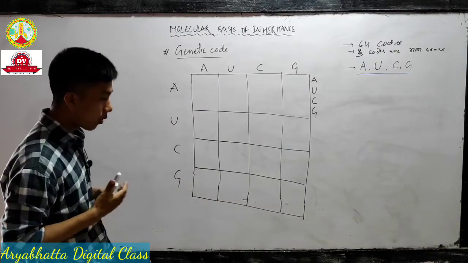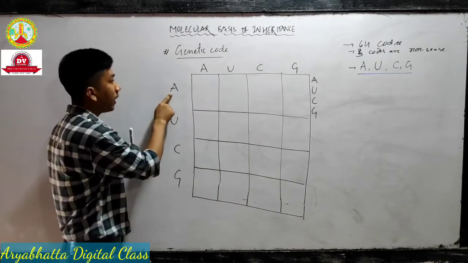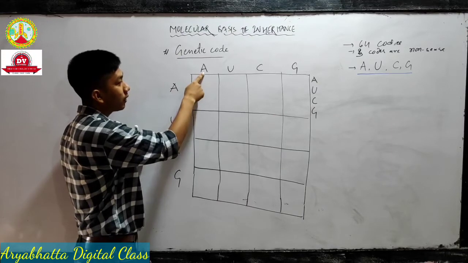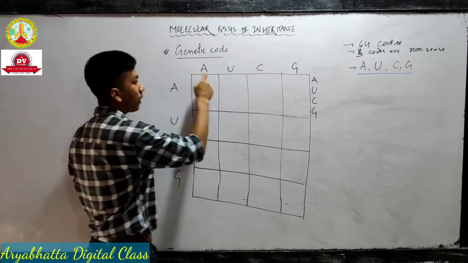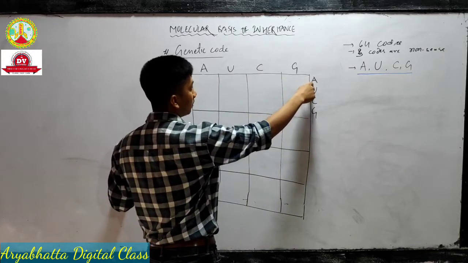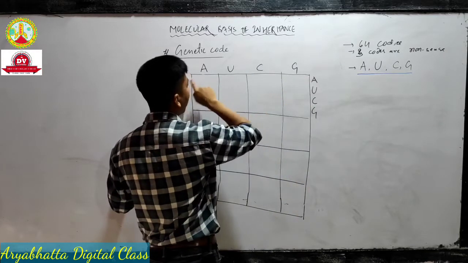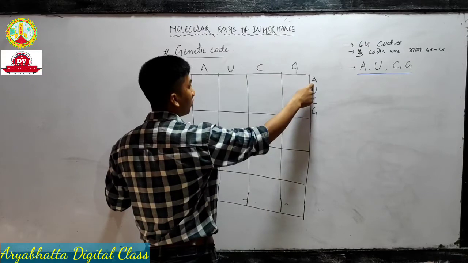Now we make a cross. First, you make a cross with this A and this A. Done.